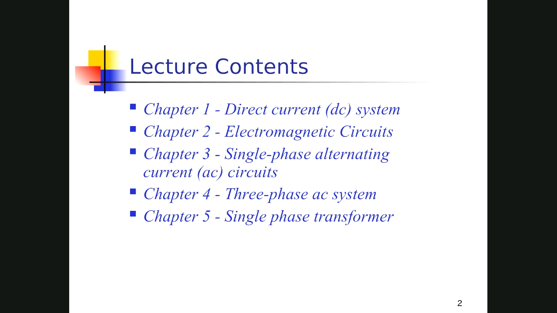But those are the most simple circuit issues, not touching the nature of electricity. So in chapter 1, we will have a look at the DC systems. We will slow down the pace in chapter 1 so that all of you can get used to the study of these subjects by studying chapter 1.